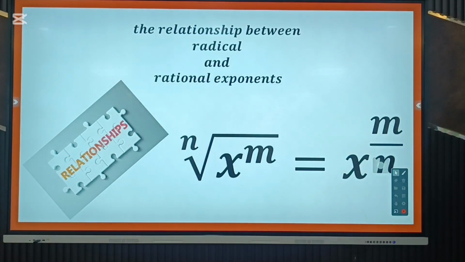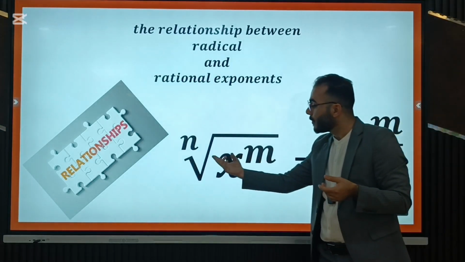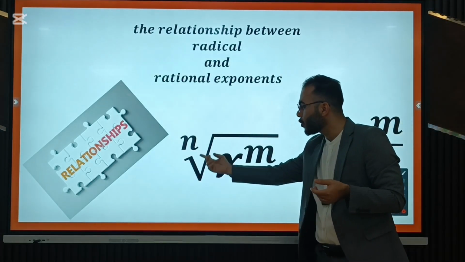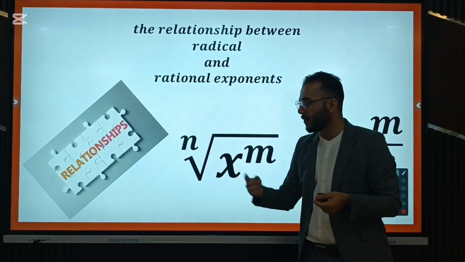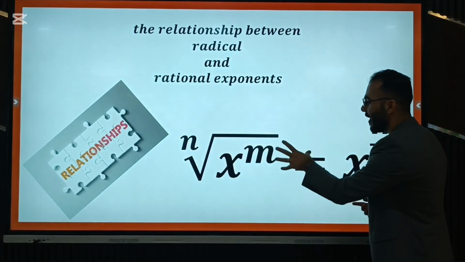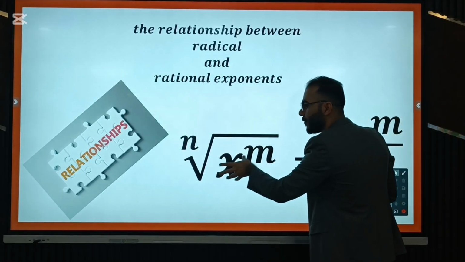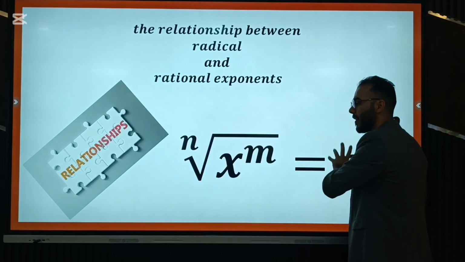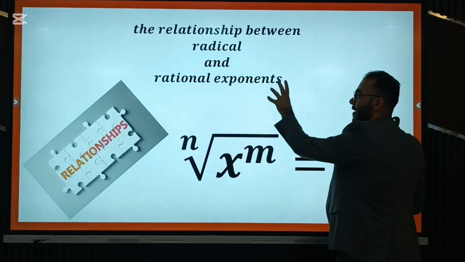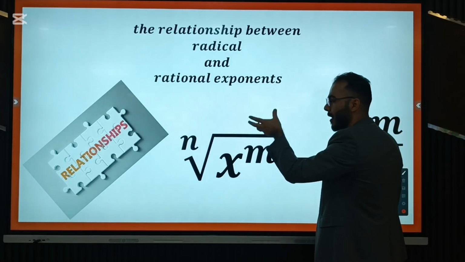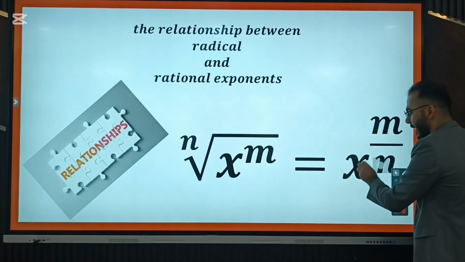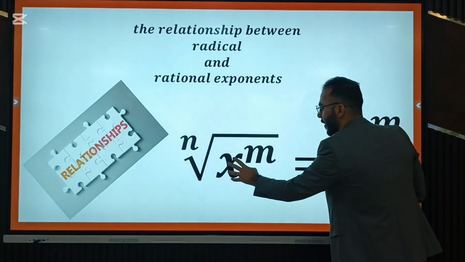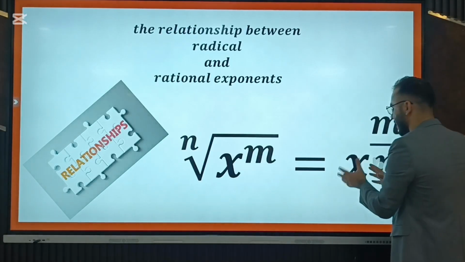Okay, the next lesson of this PowerPoint is the relationship between radical and rational exponent. As I already mentioned, if we have the root of x to the power of m with index n, or degree n, it's the same if we turn it into an exponential function, a number raised to a rational exponent. The base will not be changed. x will stay the same as the base.